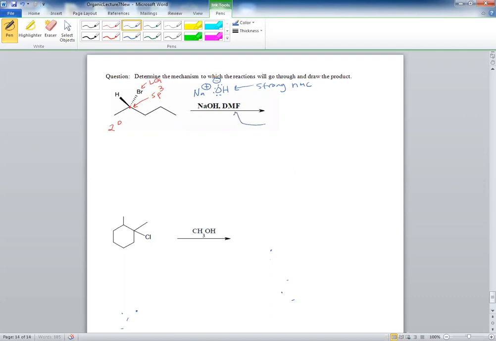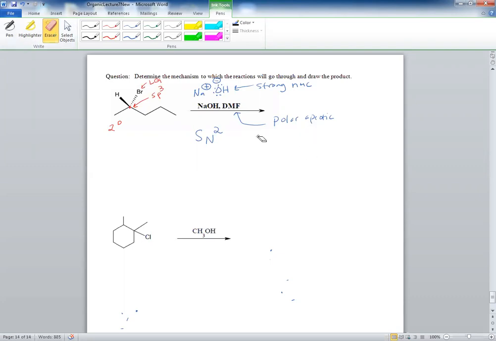And we know DMF is a polar aprotic solvent. So all of these point toward an SN2 reaction. You see how we discerned all of this? Alkyl halide, strong nucleophile, polar aprotic solvent.